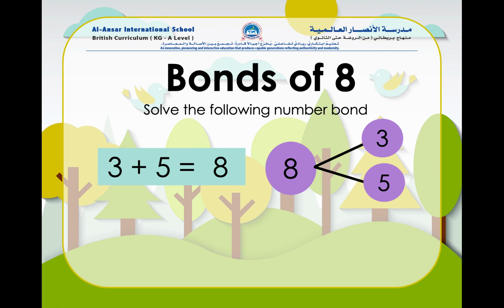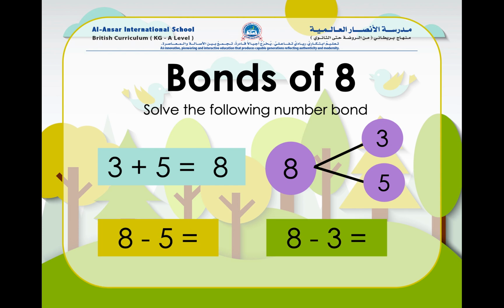Now, what we can also do if some numbers are missing, we can use subtraction to help us solve the problem. So, we can use the same bond and subtract. But whenever we use the same bond, we have to start with the biggest number of our bond, which is always our whole.